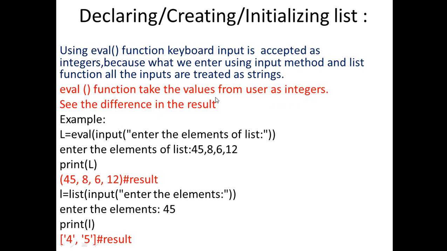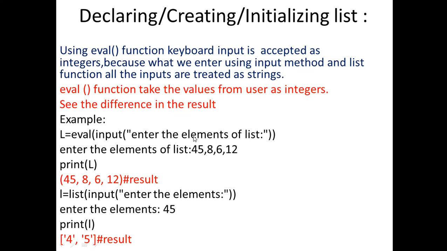Now see the difference in the result. I have taken the examples here. One is with the help of eval input, the second example is with the help of list input. The result that will come, you need to focus on it. Example is L equals eval input, enter the element of the list.